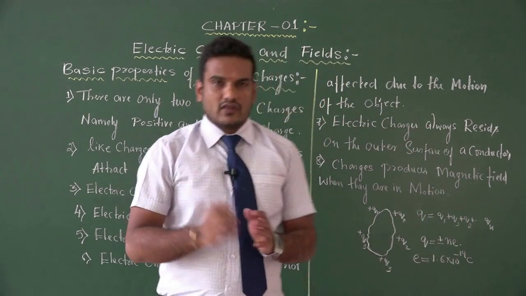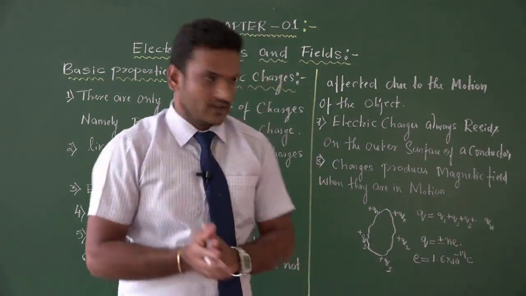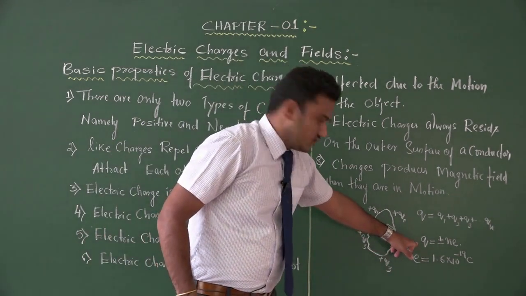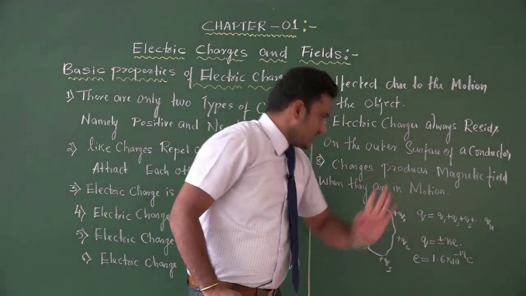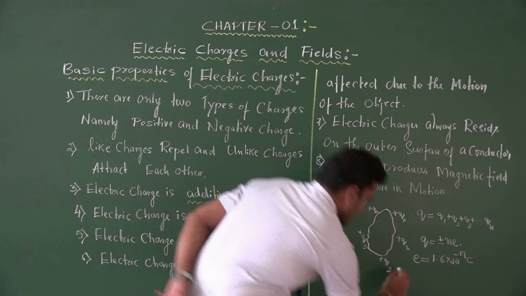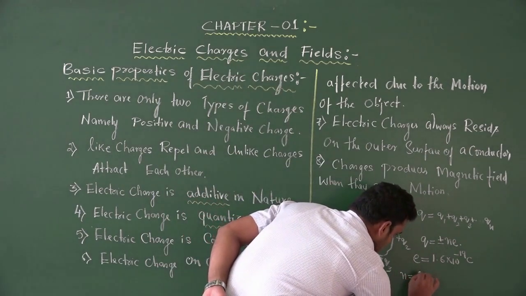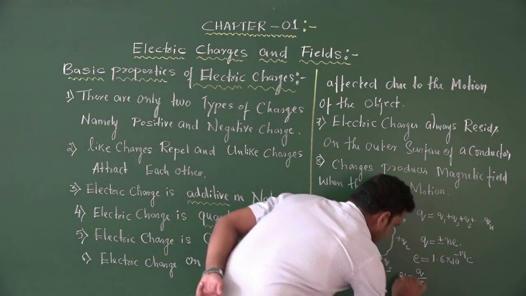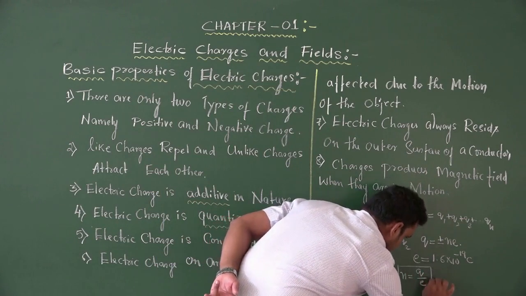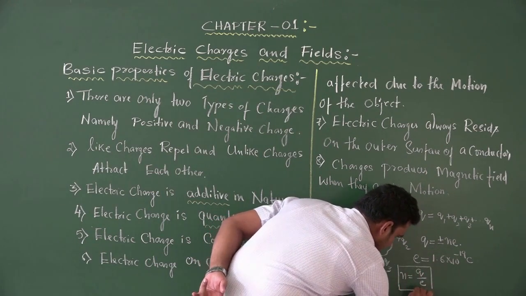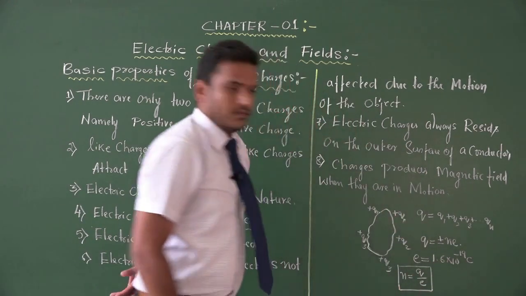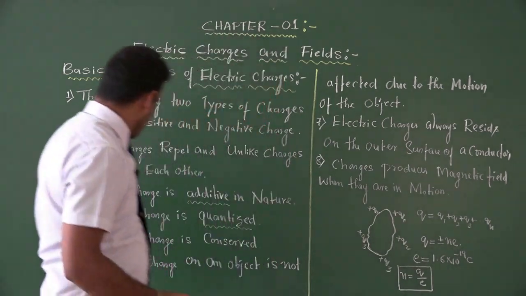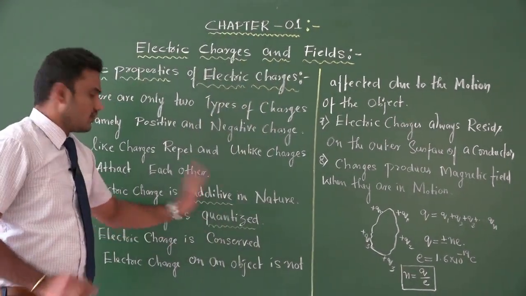So in order to calculate the total charge in an object, we use the equation Q is equal to plus or minus n e. By using this equation, we can also calculate the number of charges: n is equal to Q divided by e. So this is what electric charge being quantized means.